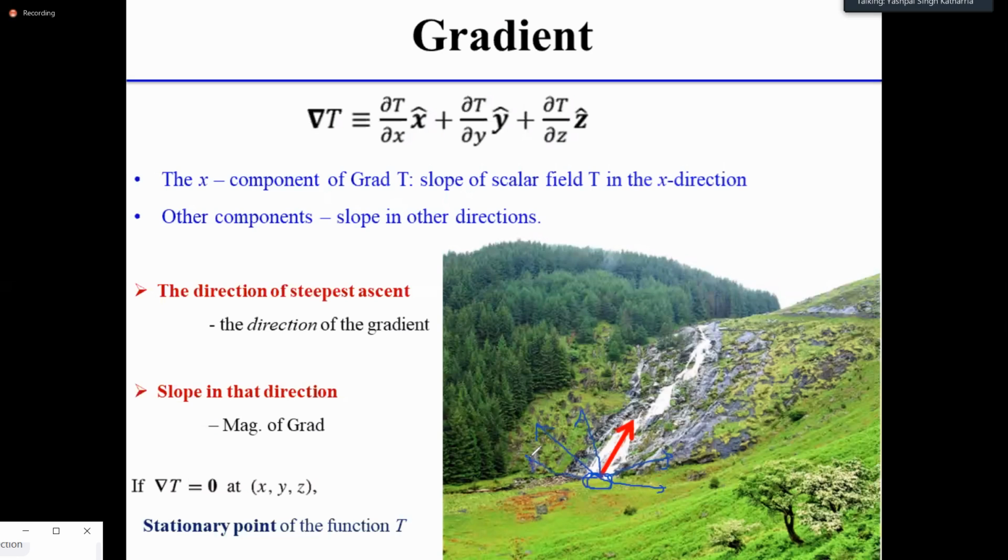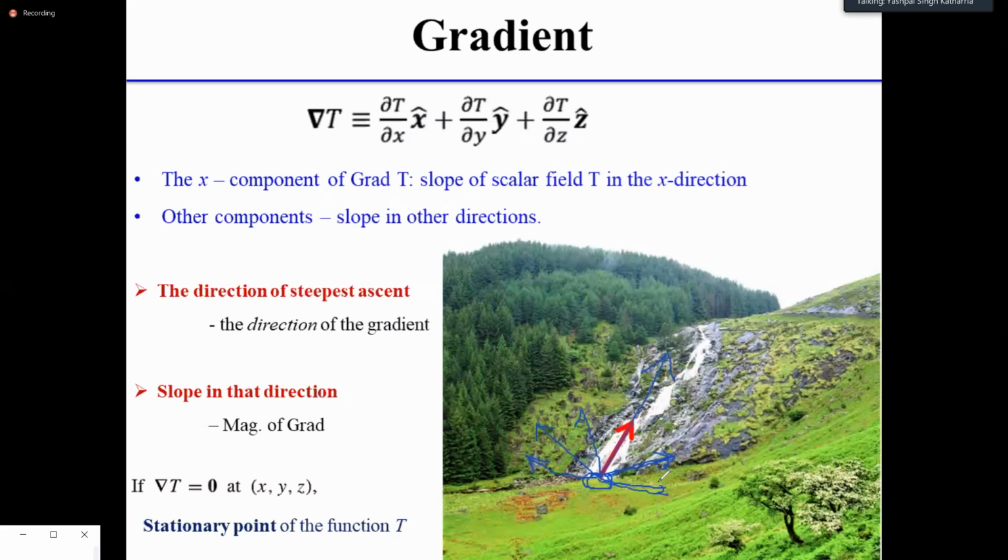However, the maximal increase in the height of the hill occurs in this direction. So we can say at this point that the gradient is pointing in the direction of the red arrow. This direction here is not the direction of maximal increase of height.